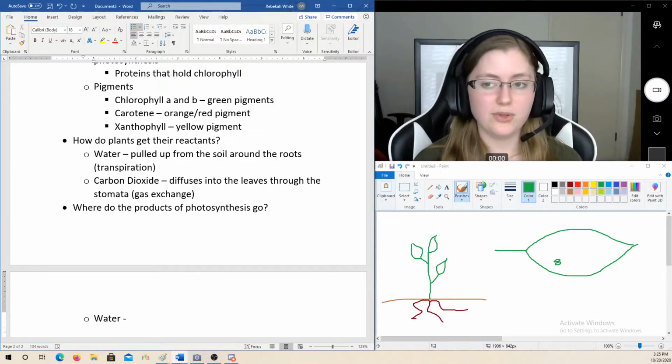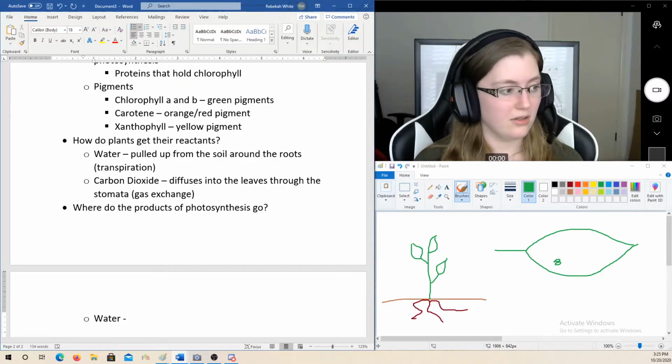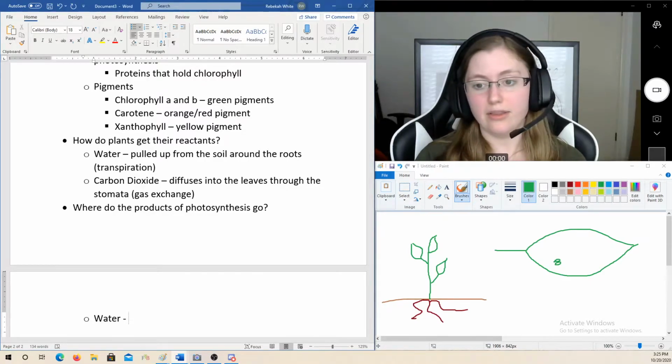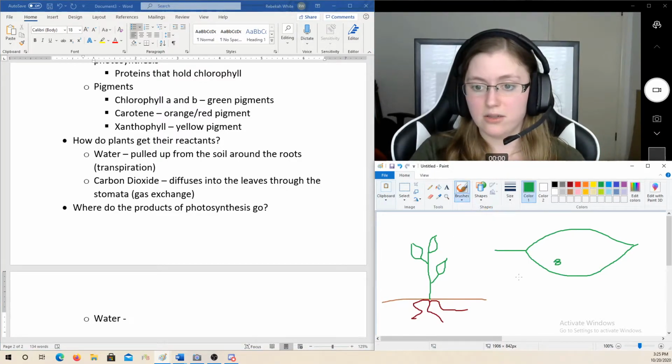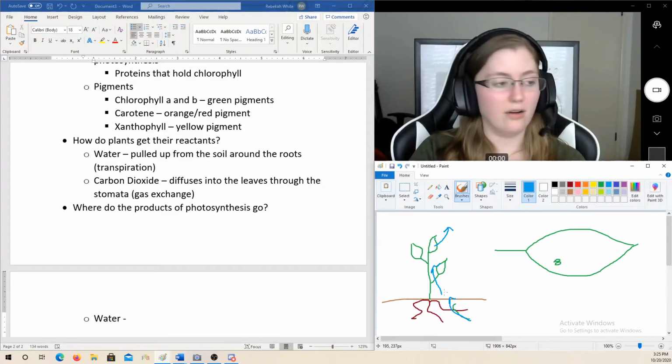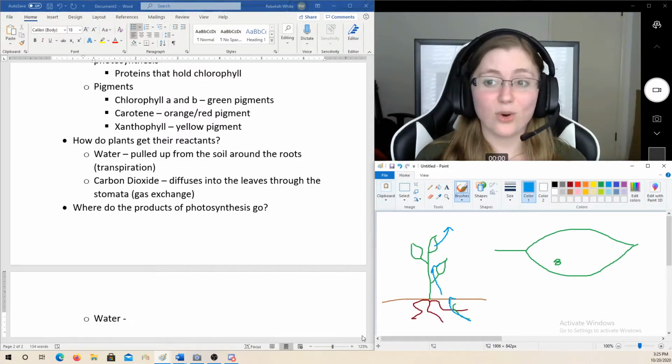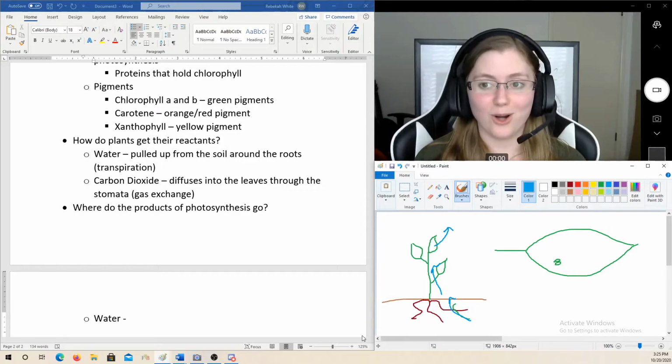So we're using it and then we're also releasing it. So where does it go? Some of it does get stored in the central vacuole, that's correct. It does also get pulled into cells, but over time, the water is actually going to be pulled up entirely through the plant from the roots, up through the stems, and actually out of the leaves. So the plant sort of acts like a giant straw constantly.